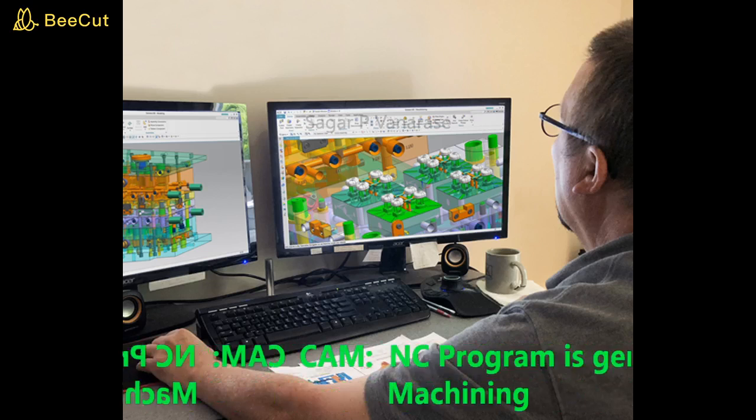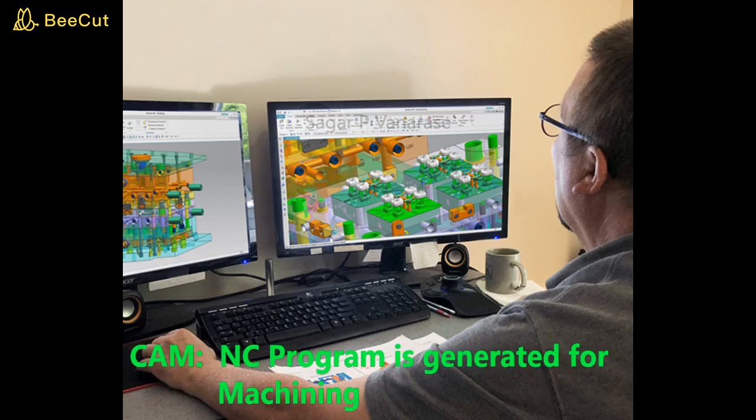CAM, which means computer aided manufacturing, in which numeric codes can be programmed for machine processes, for example milling, turning, etc., by using a CNC panel.